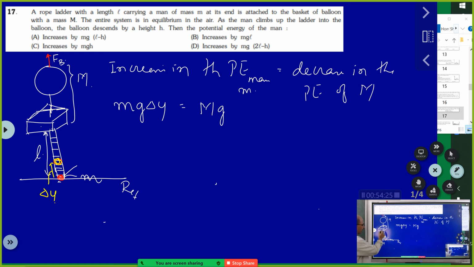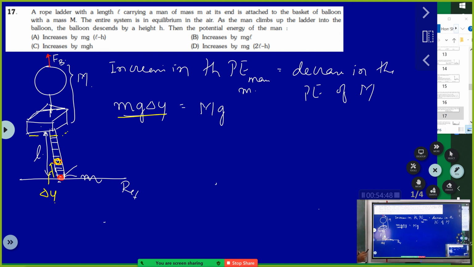This system will come down by some amount, isn't it? This person has gone from here to here, so his potential energy has increased by so much, and this much it should decrease by, this thing will come down by some amount.